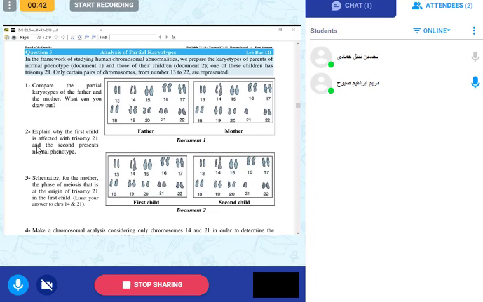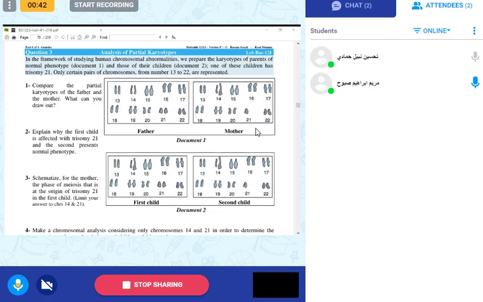Look at the father karyotype. Do you see any abnormality? Tahsin, do you think there is any abnormality in the father karyotype? He said no. So the father is normal and looks normal. There is no problem here.